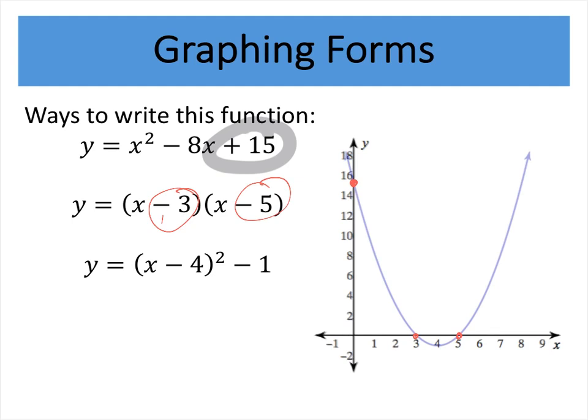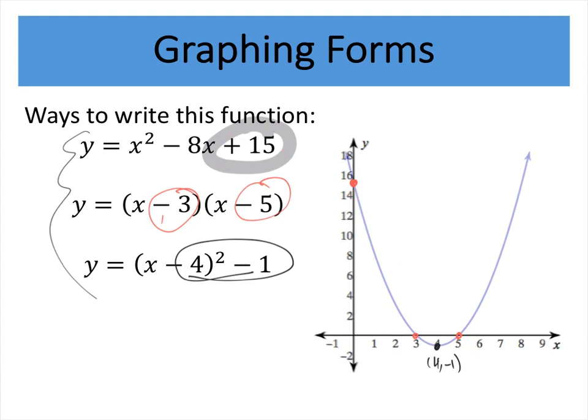And the vertex happens at approximately 4, -1. Well, that's awfully similar to those pieces there. And so we can write the same equation. All 3 of these are exactly the same meaning. They all represent this same curve, but each one tells us something different about the curve.